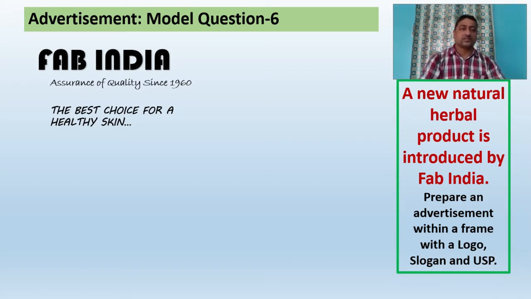The best choice for a healthy skin, because it's a herbal product, and I'm going to make it here as some kind of soap. Therefore, we can make it: the best choice for a healthy skin, because the soap made up of herbs is good for skin. On that proposition we can make the sentence: the best choice for a healthy skin.